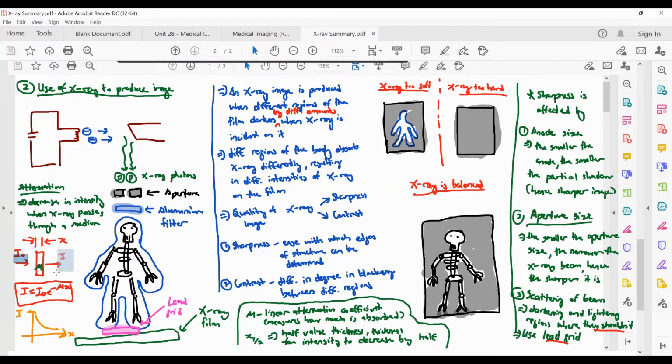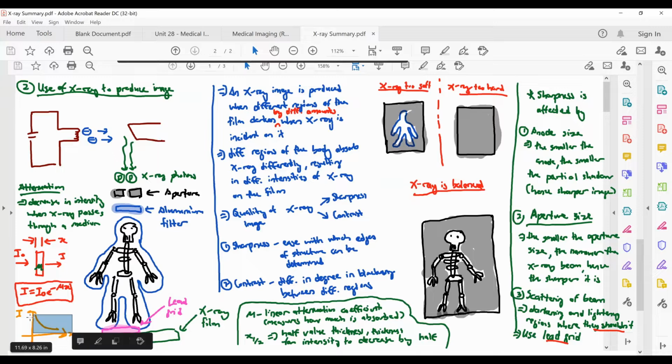So whatever intensity you have left is this intensity I. Okay, if you were to try to visualize how the intensity is dropping as it passes through the layer of medium, you can say that it follows this graph. Okay, the intensity of any X-ray that passes through a medium, its intensity with distance will decrease exponentially like this.